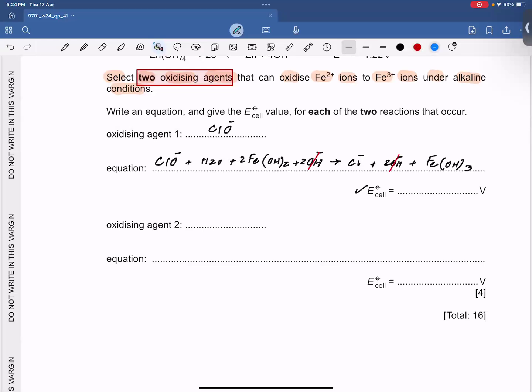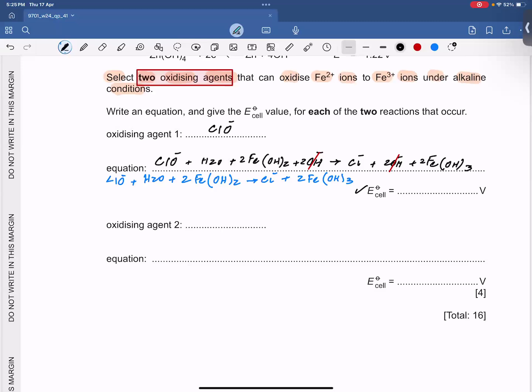So the final equation would be like this: ClO⁻ plus H₂O plus 2Fe(OH)₂ gives Cl⁻ plus 2Fe(OH)₃. Okay, we need to put 2 here because we multiply it out.